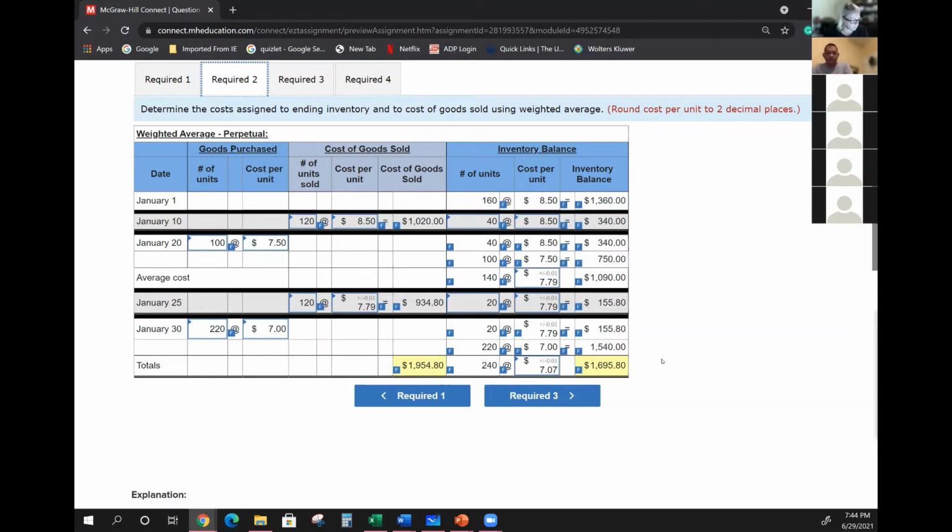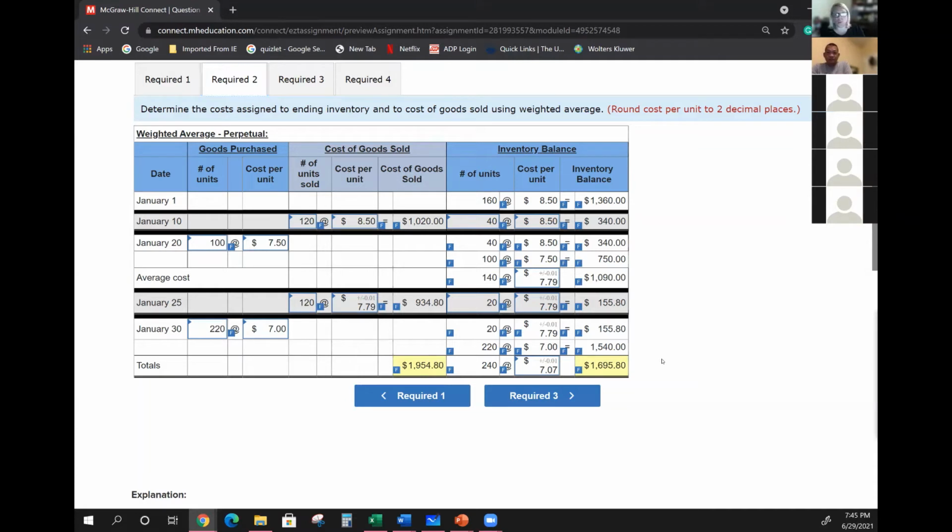Well, I have a question. You had the 20 units left over at 777. Did you average out the 155.80 divided by 20 to get the inventory of 220 for $7? Yeah, so it comes from the previous transaction. If you look at that total, they're showing you, okay, I figured out the average for the 140 units that I had at that time, and it was 779.